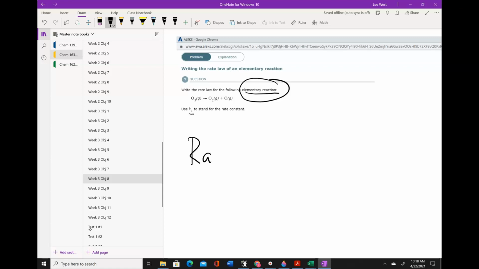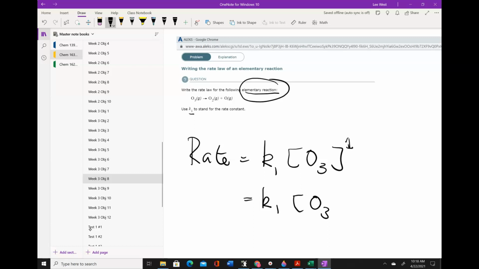So this will be rate equals k1, because it said use k1 for the rate constant, and then it's going to be the concentration of O3, and you can either put it to the power of 1 or just leave that out. Normally we would just leave it out, so rate would be equal to k1 times the concentration of O3, which is ozone. There we go.